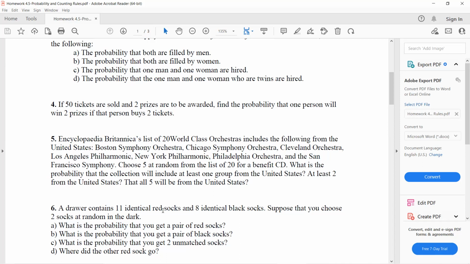So now we're going to say we've done probabilities with at least one before. So we're going to say that the probability of at least one from the US, we're going to use the complement rule here.